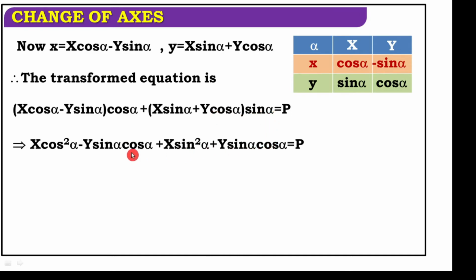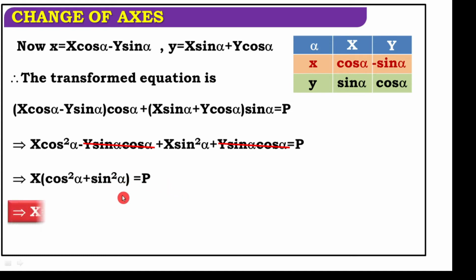So the plus and minus Y sin alpha cos alpha terms get cancelled. In the remaining terms, taking X common, X cos square alpha plus X sin square alpha, and cos square plus sin square is 1. So X = p is the required transform equation.